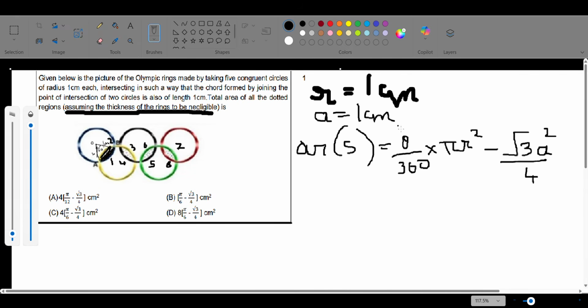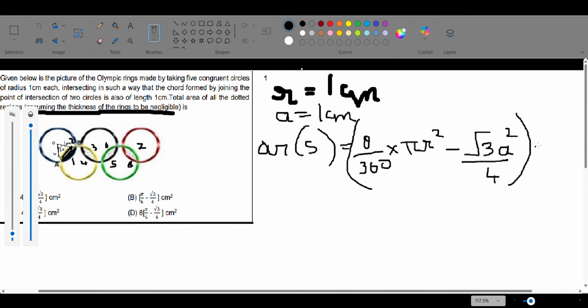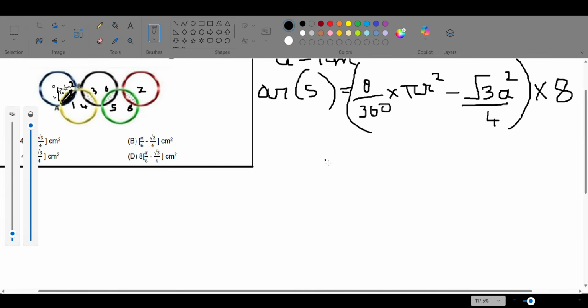Now this is not the entire answer. We're supposed to multiply with 8, because there are 8 segments. Once we have the area of a segment, we know theta is 60 degrees because it's an equilateral triangle. So 60 by 360.